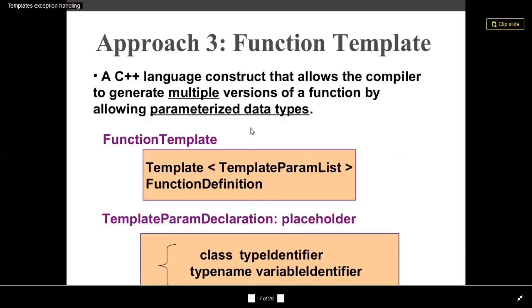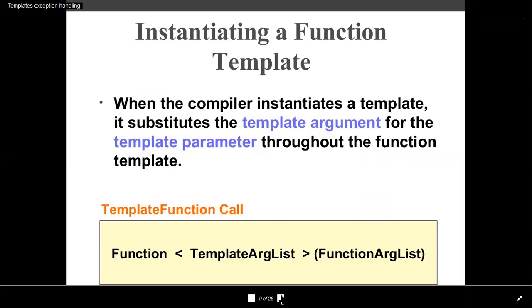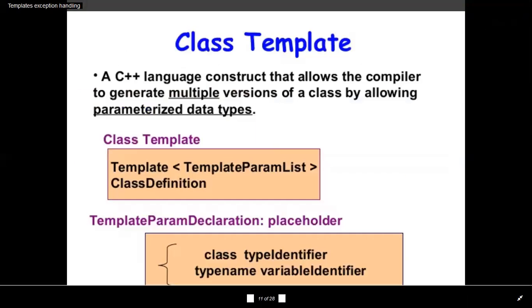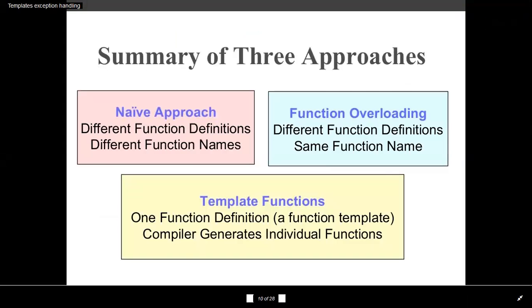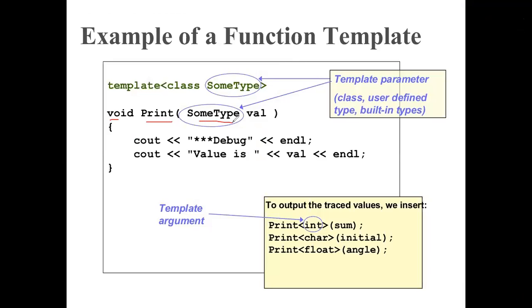Now let us first see what a template is with an example. In the case of a template, we go for the same approach. First we write the same function, void print. Then instead of writing integer or float or character, we write some type.